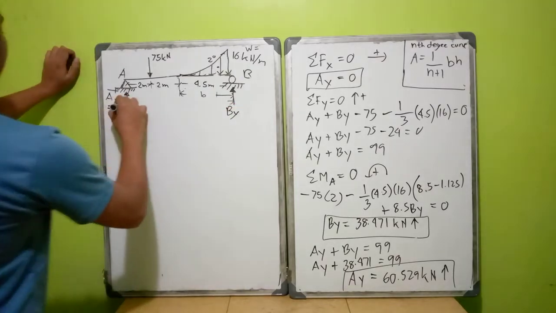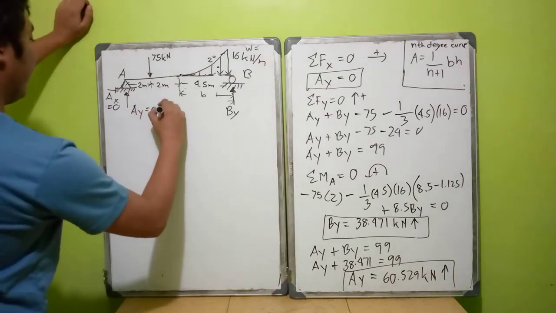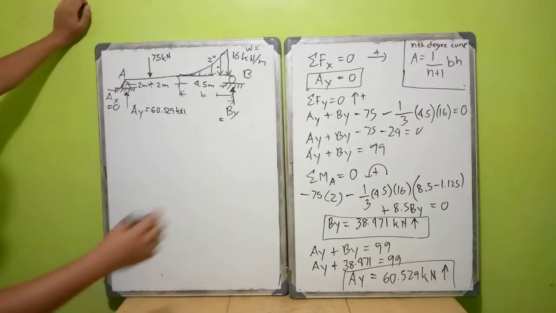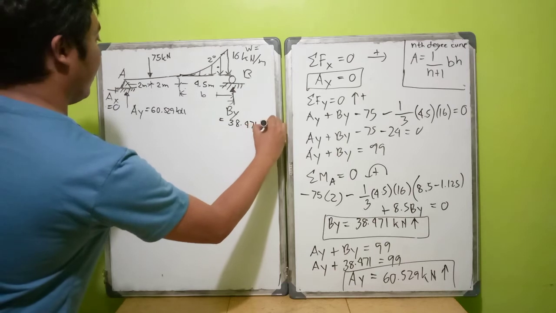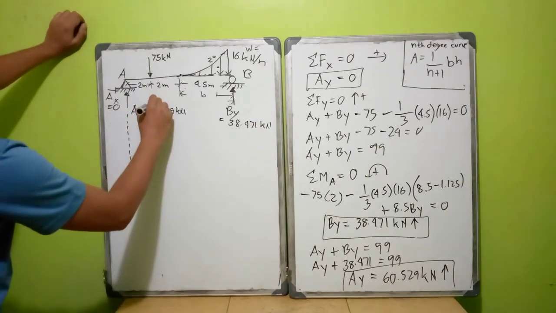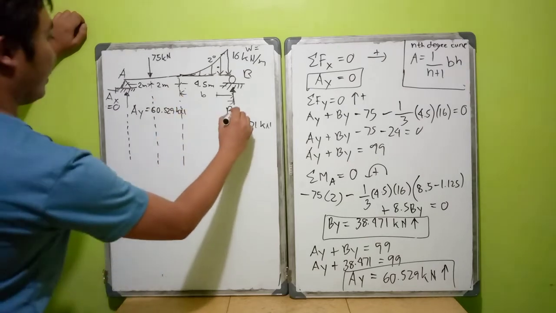AX equals 0, AY is 60.529 kilonewton, and BY is 38.471 kilonewton. We project this in order to get the shear and moment equation.